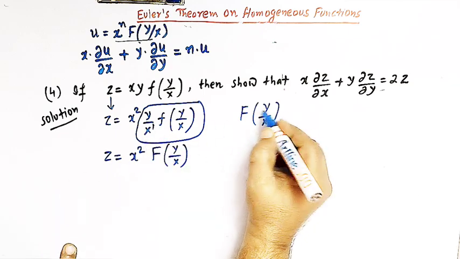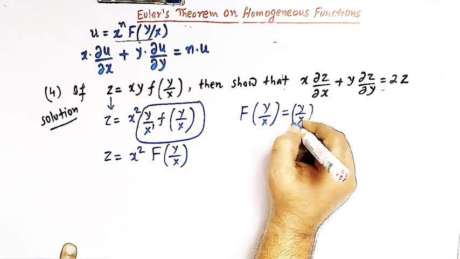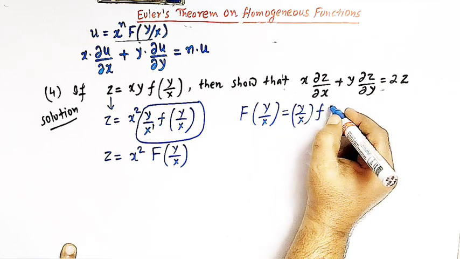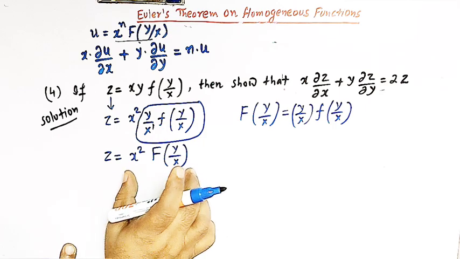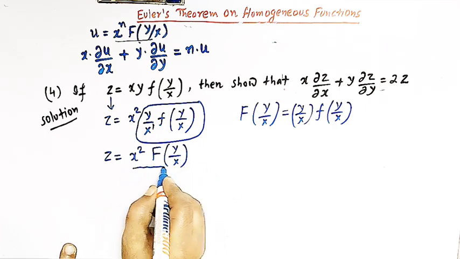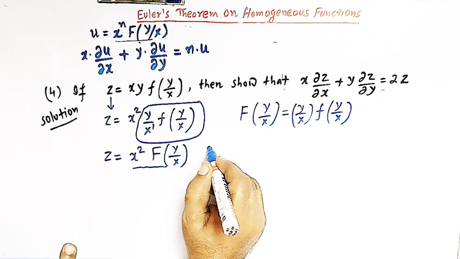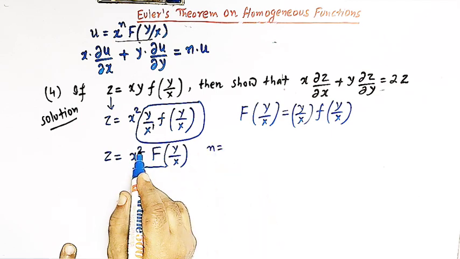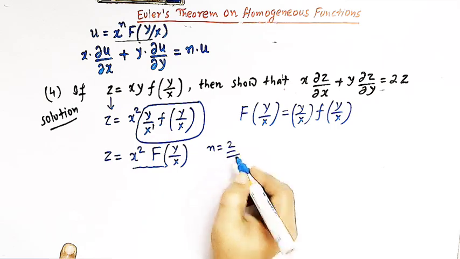So where f of y over x is given by y over x, and here we have a small f of y over x. So now this is a homogeneous function of this form where the value of n, that is the degree of the homogeneous function z, is given by 2, right?